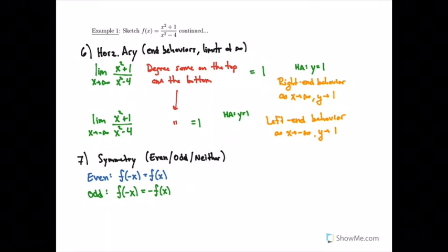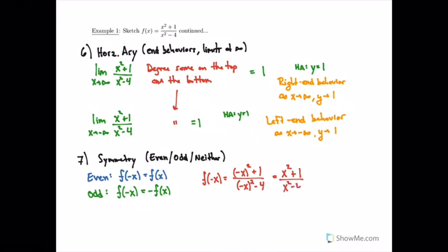So to check for symmetry, we can look at just f of negative x and see what pops out. In this case, we have negative x quantity squared plus 1 over negative x quantity squared minus 4. When you square a negative number, it becomes positive. So this is the same as x squared plus 1 over x squared minus 4.